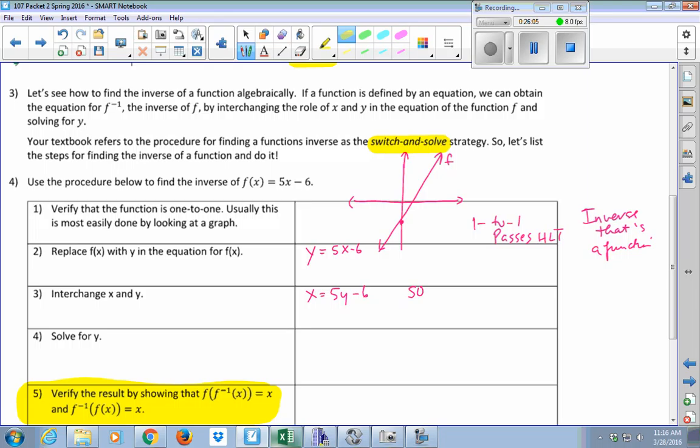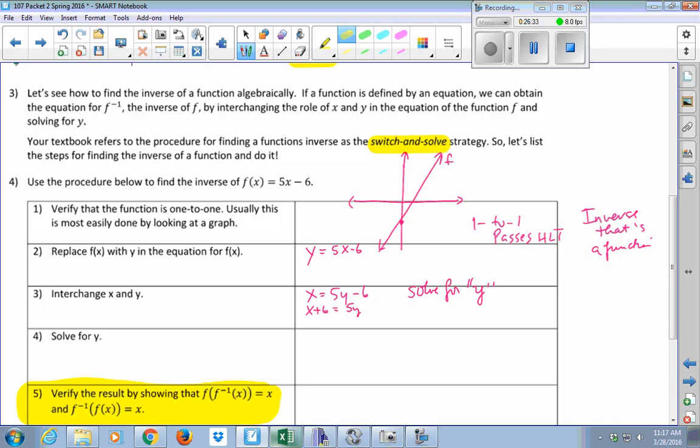And we're going to solve this for y. Okay? So that way it will undo everything. So we talked about on Wednesday that when we undo something, the last step that was done is the first step we undo. So if we want to solve this for y, we want to undo the subtraction of 6 by the inverse of that, which is to add 6 to both sides.